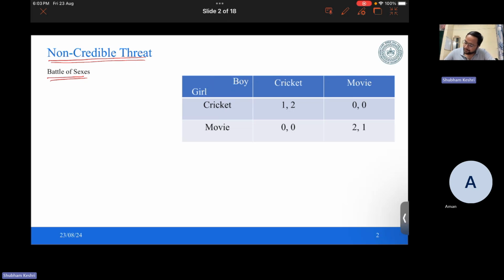All right. So when we are thinking of this as a simultaneous move game, we will find the Nash equilibrium by finding the best response of each of the players, and whenever the best responses intersect, at that point we will say that the Nash equilibrium occurs. So when the boy plays cricket, the best response of the girl will be cricket.